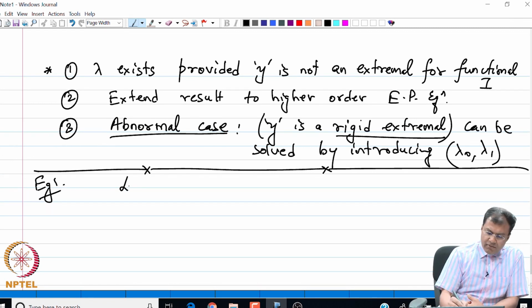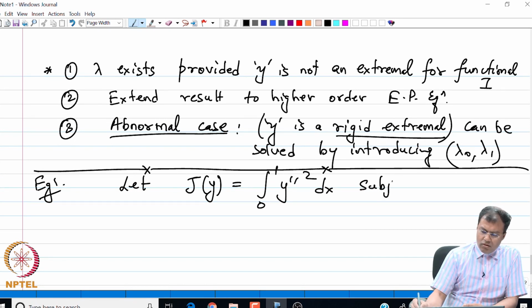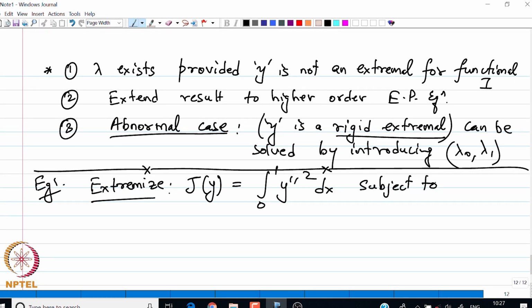So, the example I have in mind is the following. We have the given functional, integral of 0 to 1 of y double prime square dx, which we are trying to extremize subject to I of y, which is integral 0 to 1 of y dx, equal to 1.